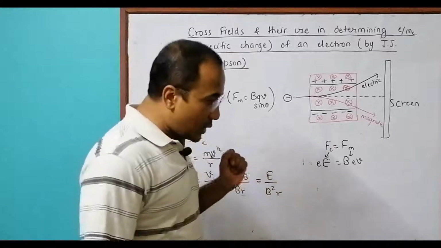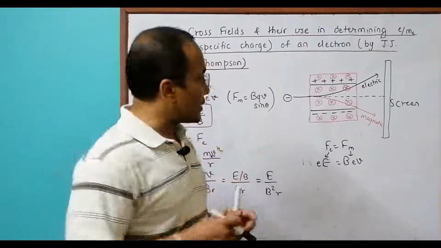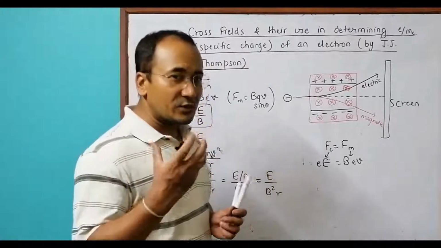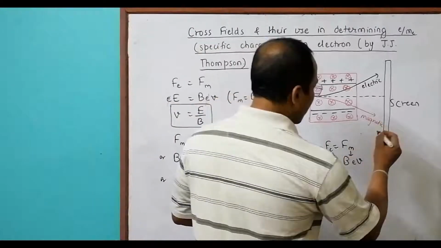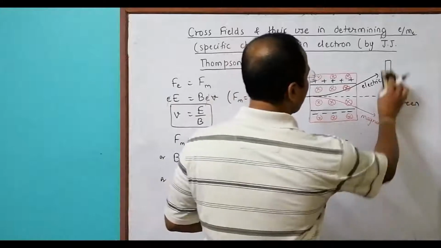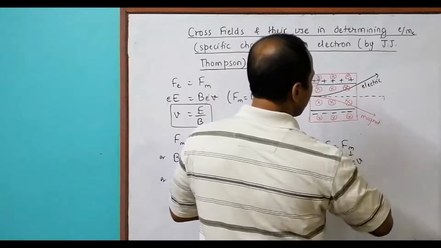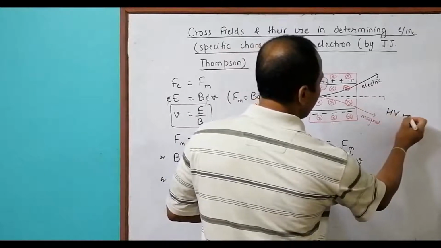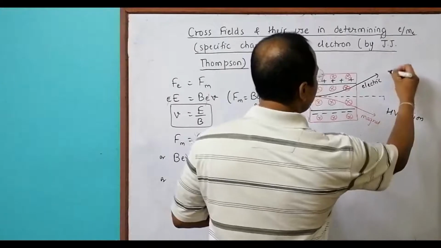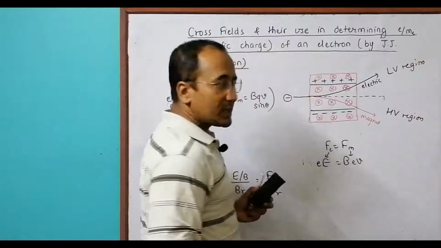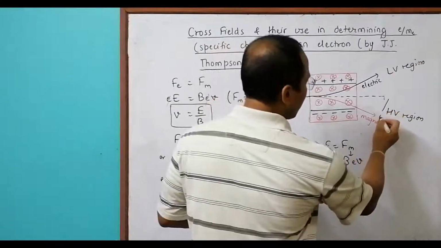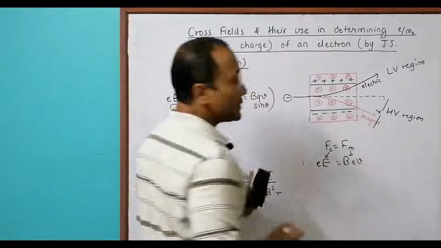Now they are separated, so I have to decide which I want. If I want high velocity electrons, I have to place a slit. Let us remove this screen. This is a high velocity region, and this is a low velocity region. If I want high velocity electrons, I can place a slit here and make them enter from here.